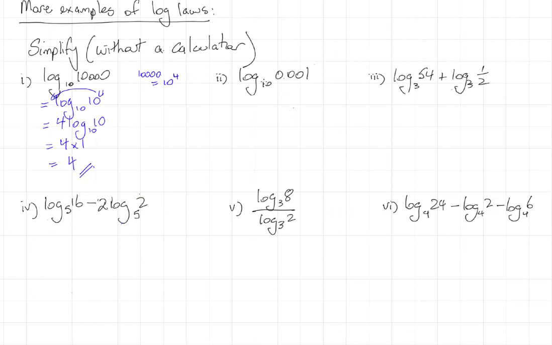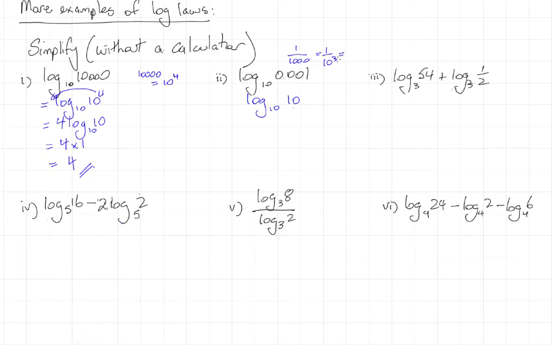We'll use a similar type of method here. We've got log to base 10 of 10 to some power. And we ask ourselves the question, 10 to what power is 0.001? So 0.001 is 1 over 1,000, which is 1 over 10 to the power of 3.